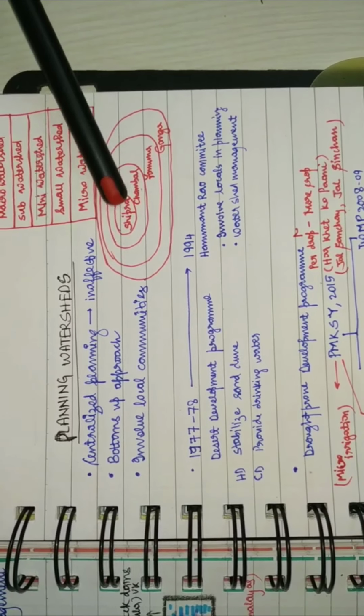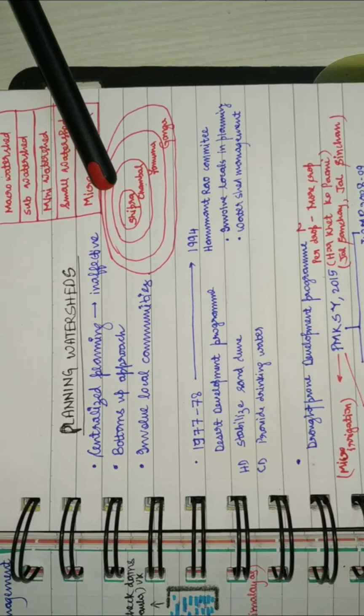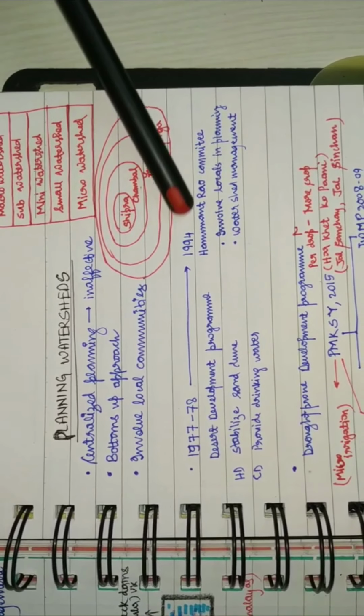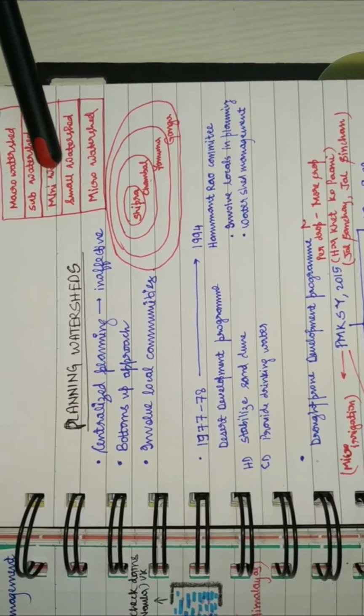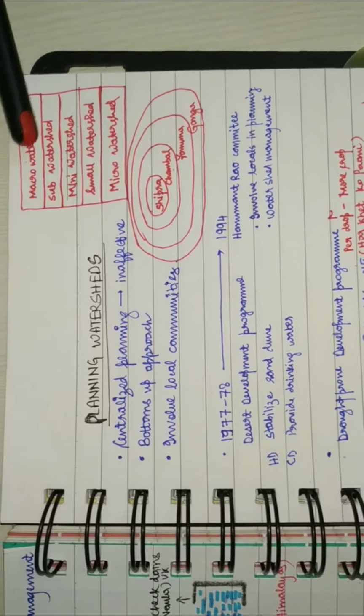When many rivers like Shipra and others are integrated and a plan is made, it becomes the watershed for Chambal. It could be a small watershed, and so on. We move to mini, sub-watershed, and finally we come to the Ganges watershed, that is the macro watershed.